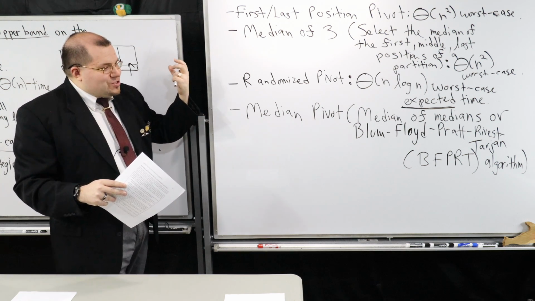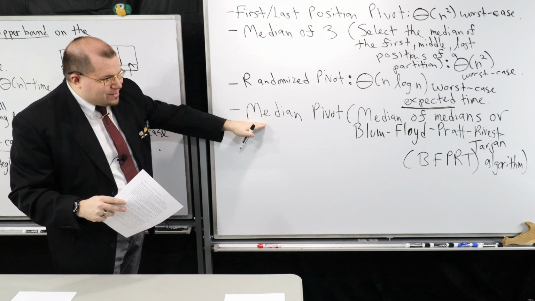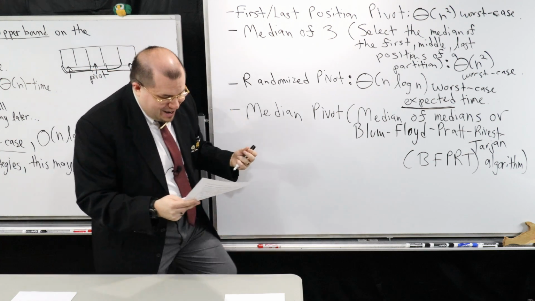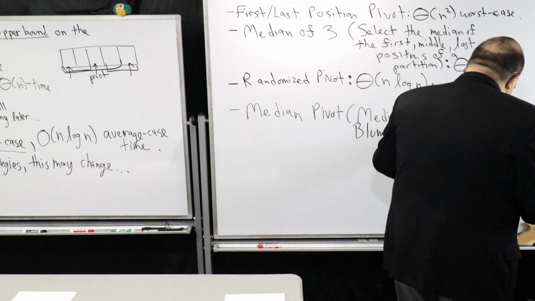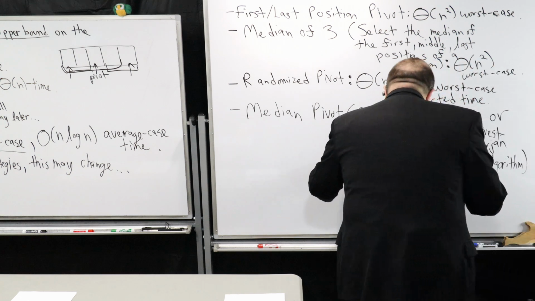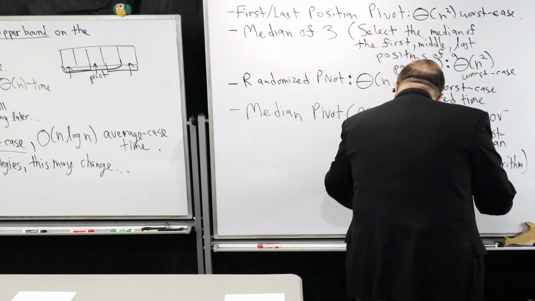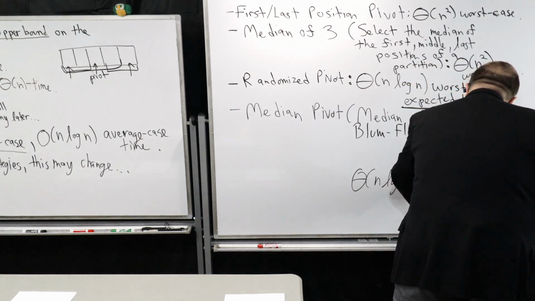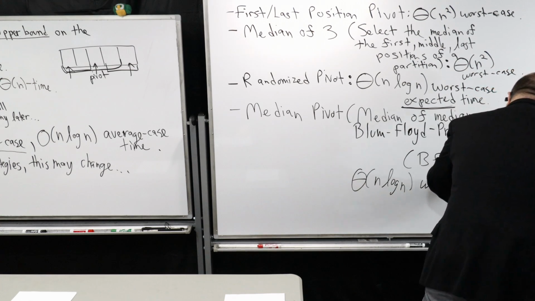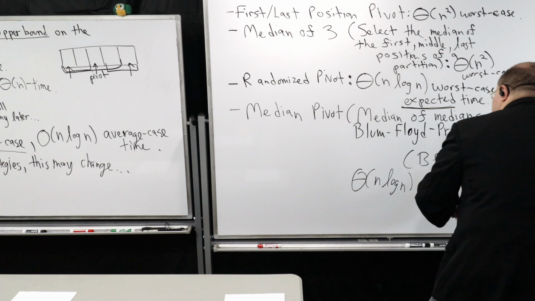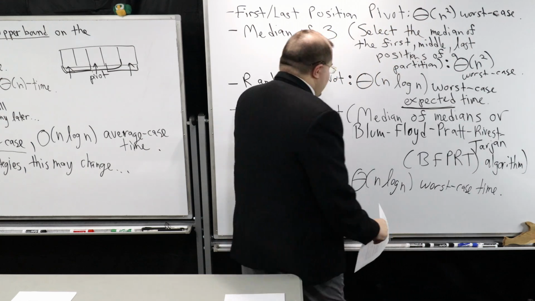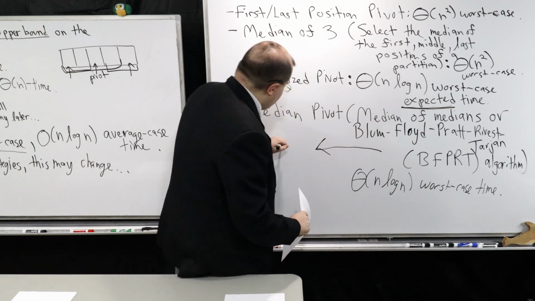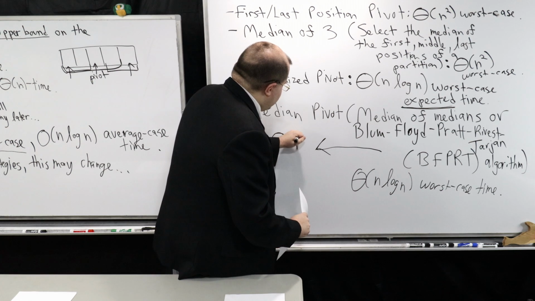Now you might ask, Dan, what can you do and accomplish with this? With certain data structures, you could achieve this in a way that allows you to obtain your big theta n log n worst case time. Now you might ask, how is that possible? It's because the selection of this median is done in big theta n time.